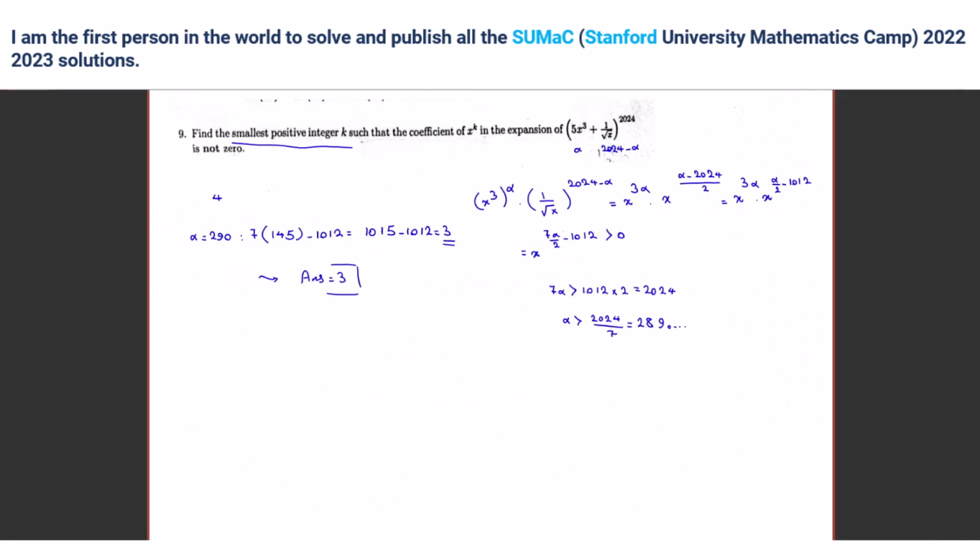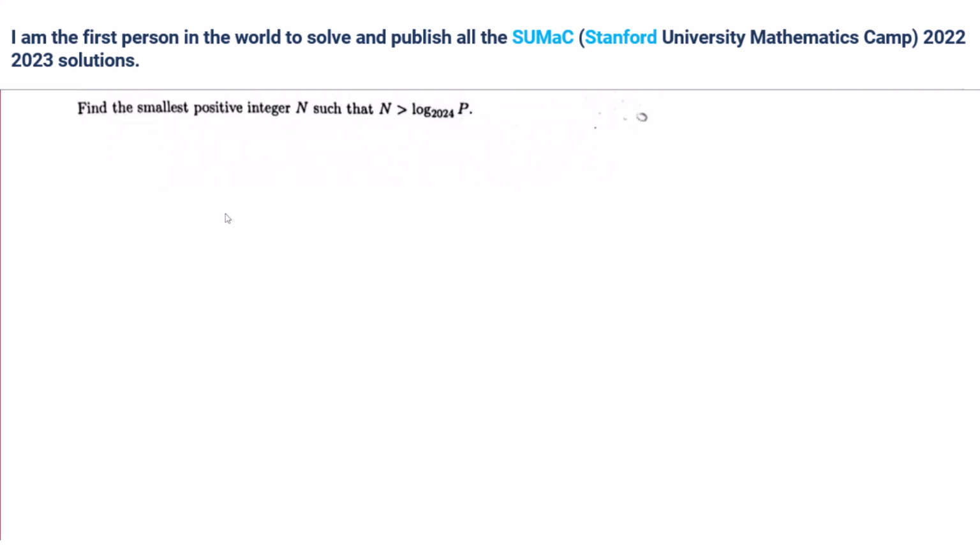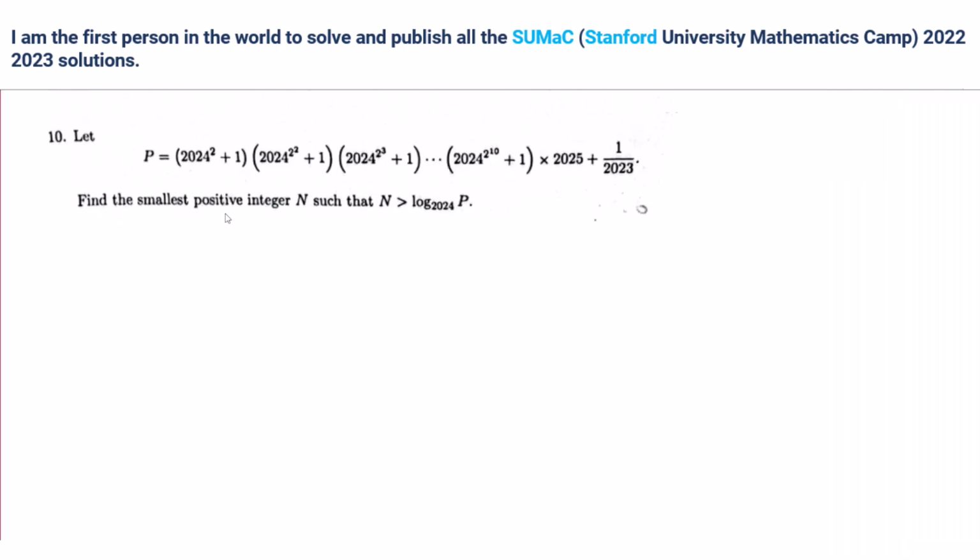So let's try problem 10. Okay, so look, I don't think it is super hard. Probably when they say a problem, it has a good way to solve, usually 90%. So here we should only pay attention to the numbers to find the relationship.